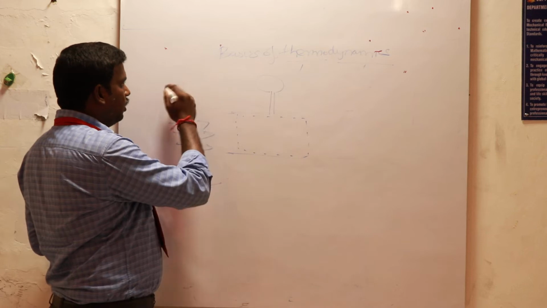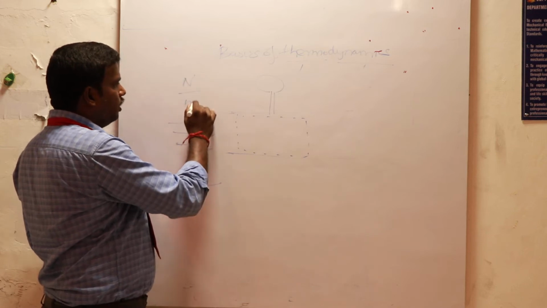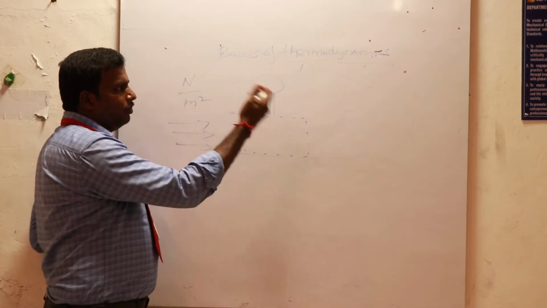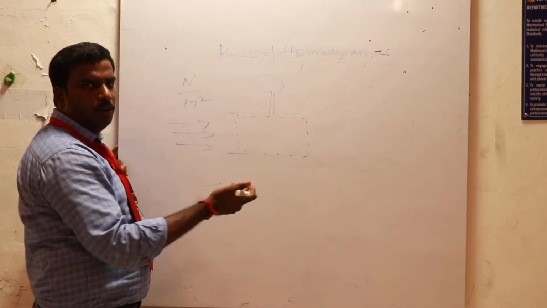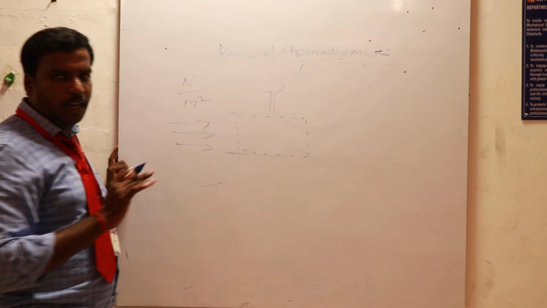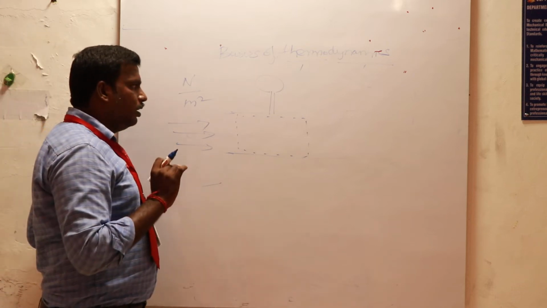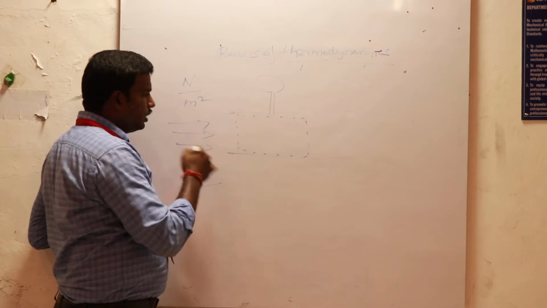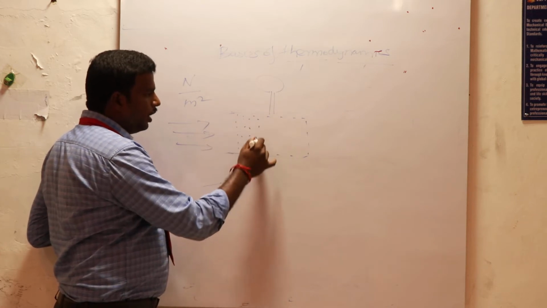Pressure is nothing but force per unit area. Whether pressure is a macroscopic quantity or a microscopic quantity is a basic question that will arise for any beginner. This gas contains many millions of molecules.